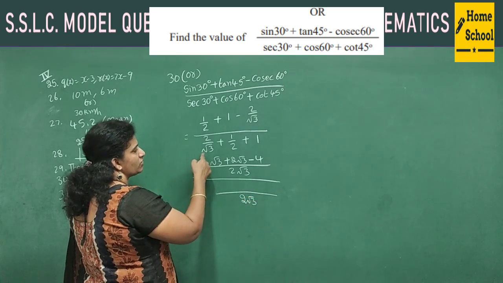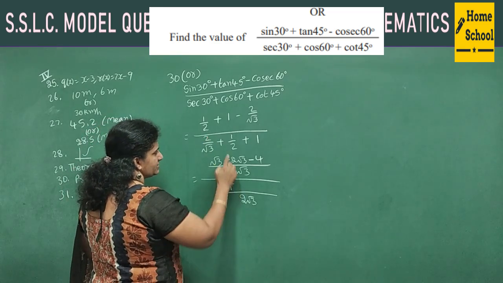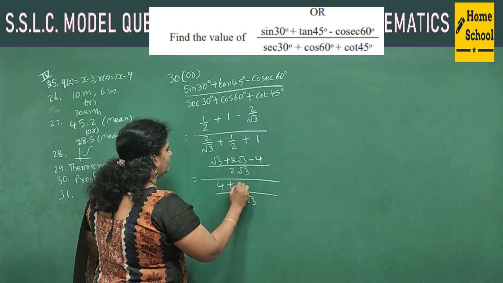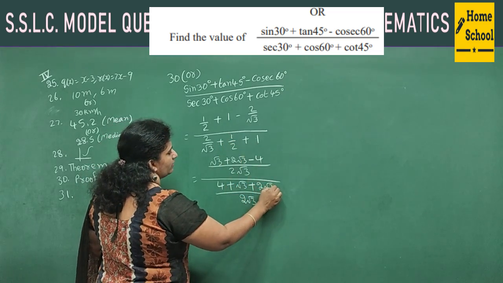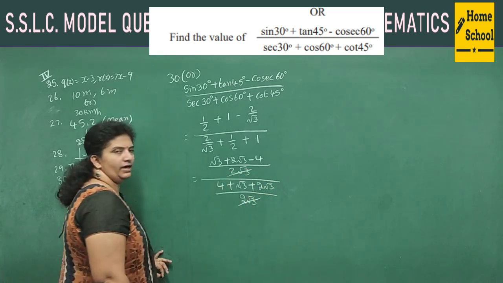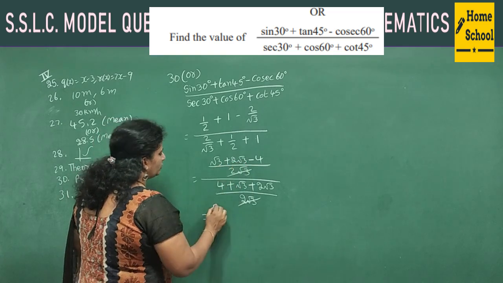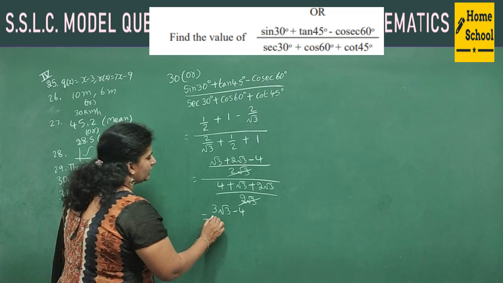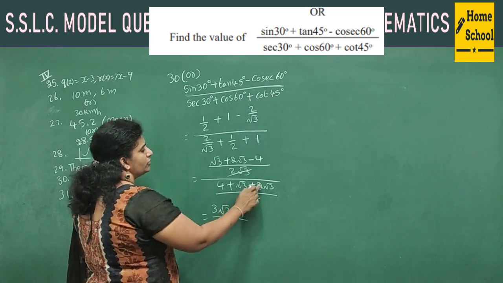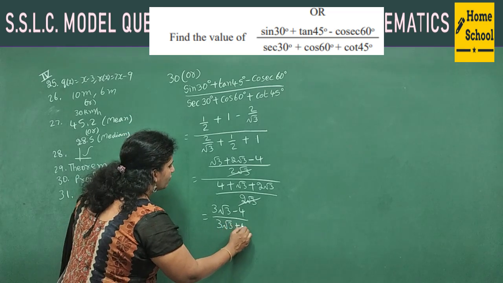You have root 3 so multiply for this 2. 2 2s are 4. Plus you have to multiply root 3 and here 2 root 3. Now 2 root 3 cancel. What you are going to get here? Root 3 plus 2 root 3 is 3 root 3 minus 4. Coming to denominator, 2 root 3 plus root 3 is 3 root 3 plus 4.